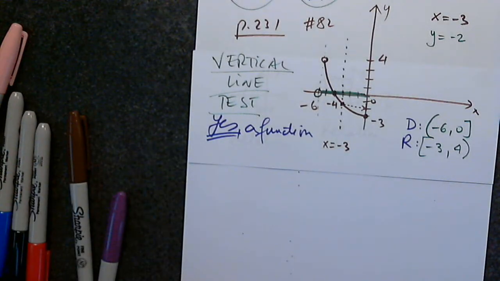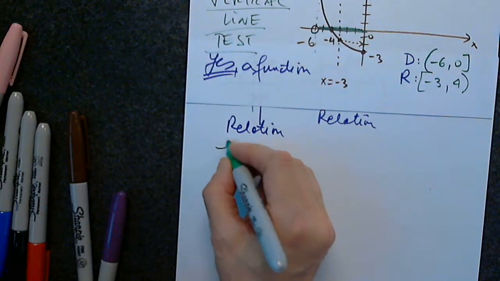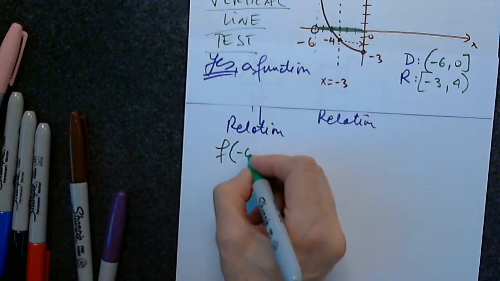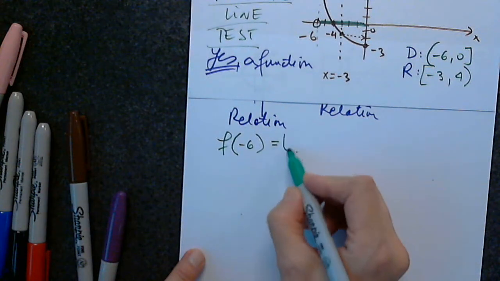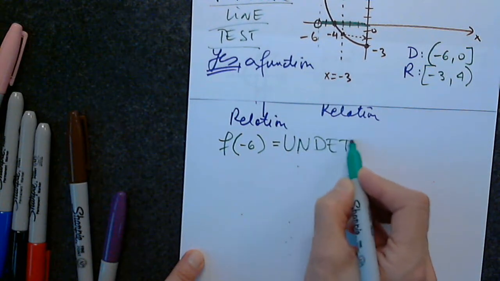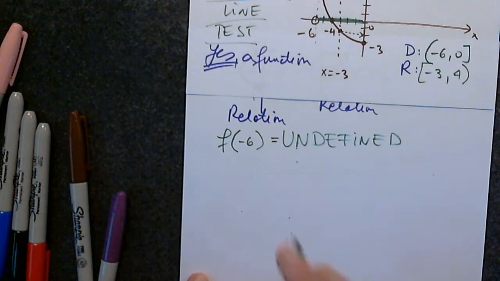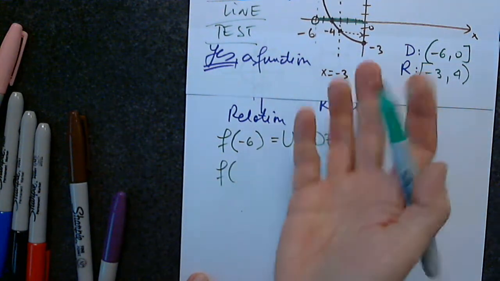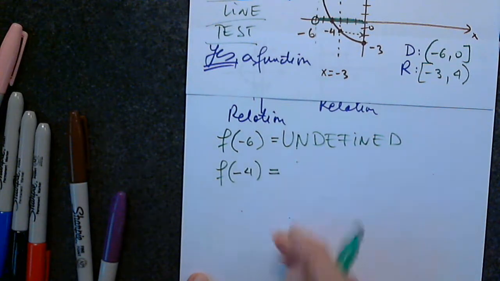So my next question would be, and I already have the answer: if I ask you to find f of -6, meaning find the value of the function when x is -6, what will you say? The value. Very good. Undefined. And now if I ask you f from my graph, f of -4, what will you say?